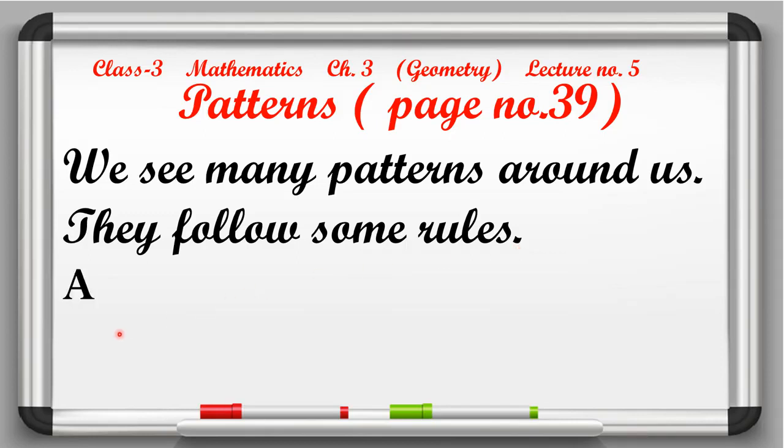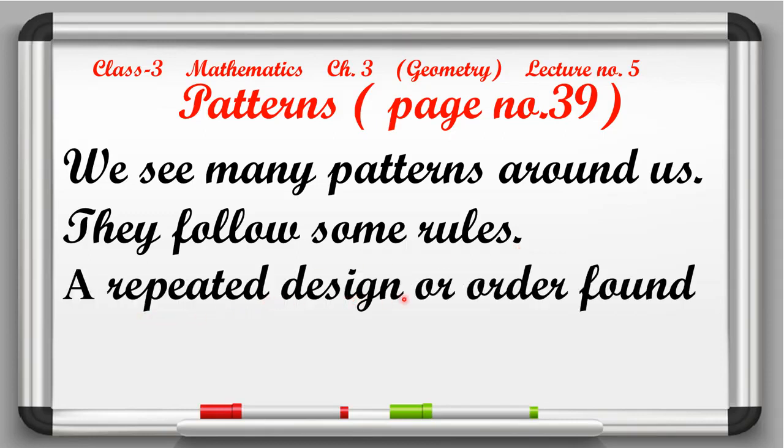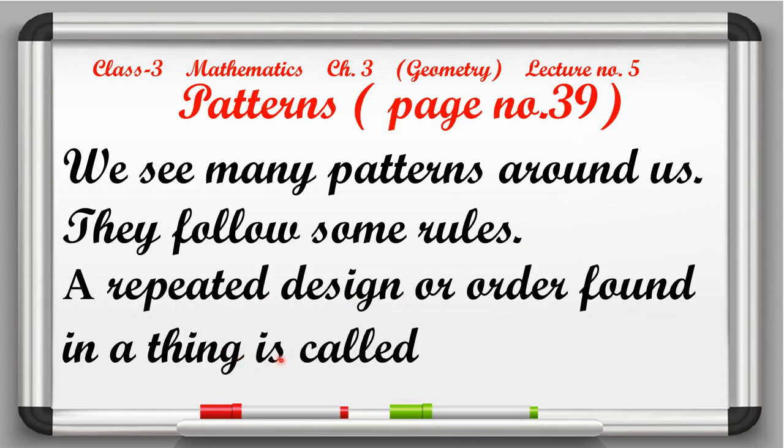Okay, a repeated design or order found in a thing is called a pattern. Okay, the design which is repeated again and again in the same order, it can be in anything, like in tiles. Okay, so that is called a pattern. It can be in curtains, in tiles, in windows and doors and these types of things on walls. Okay, so that is called a pattern.